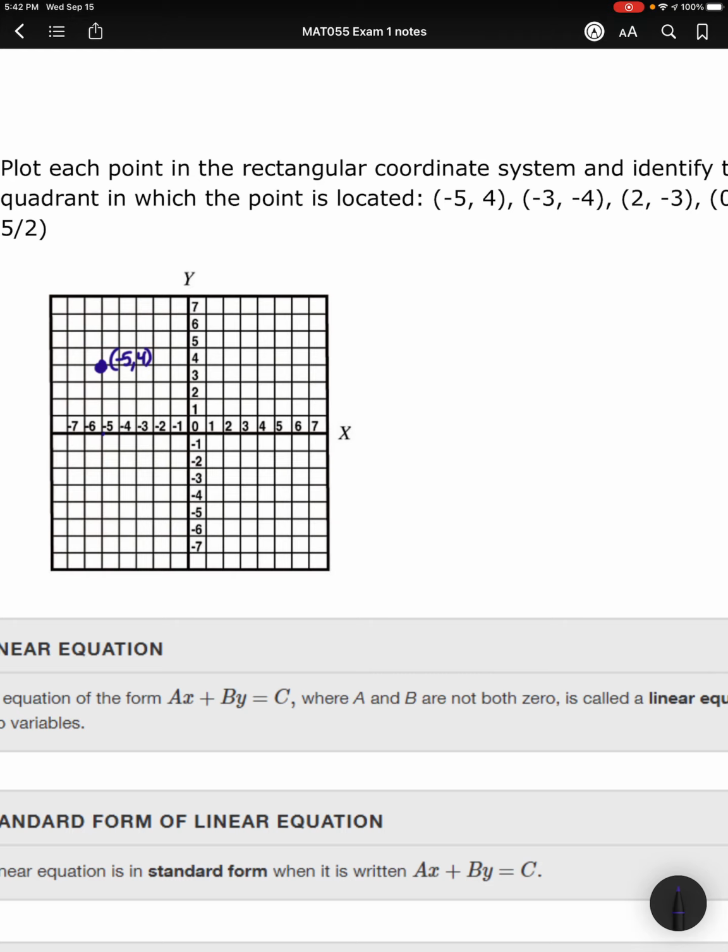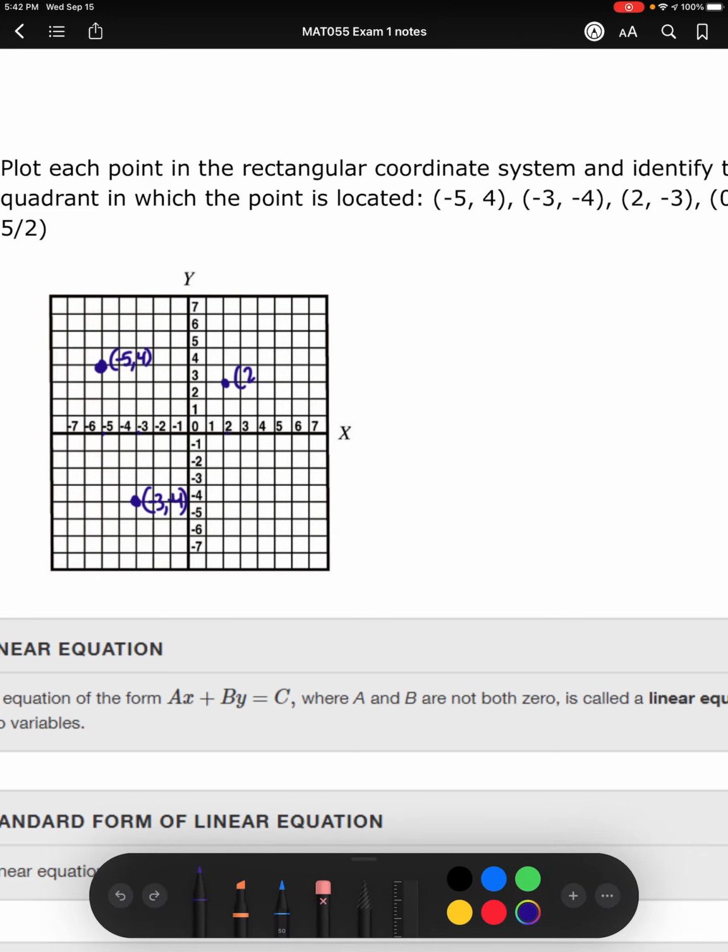So -3 is to the left of 0, and then we go down 4 to get to -4. 2, 3 would be going over to 2 and then up 3. Oh, it's 2, -3, my bad. So 2 and then down 3. I just want to make sure I've got the right spot there because it gets a little crowded.